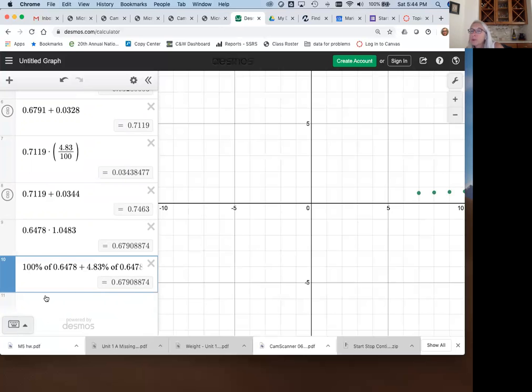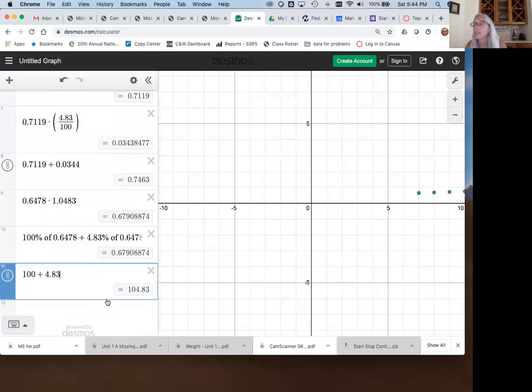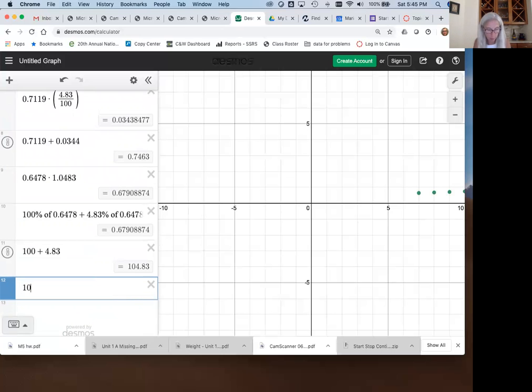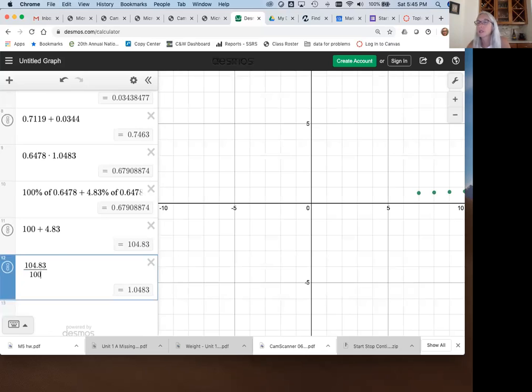So this 100% plus the 4.83% is 104.83. When I change that to a percent, 104.83 divided by 100 to change it into a decimal, because this is representing the percent, and this is the decimal form of that percent, is 1.0483.